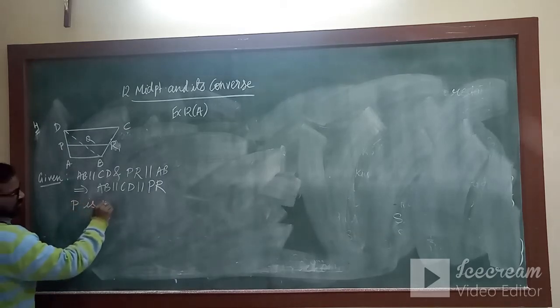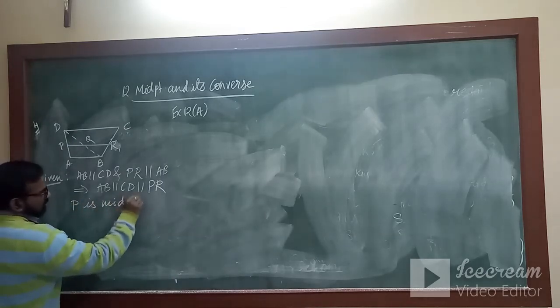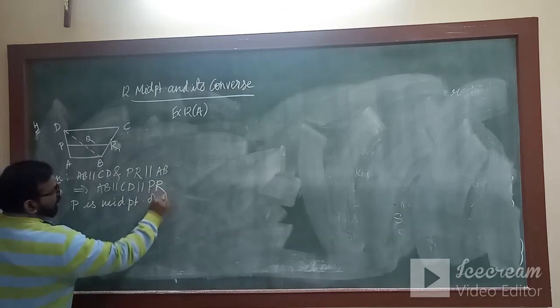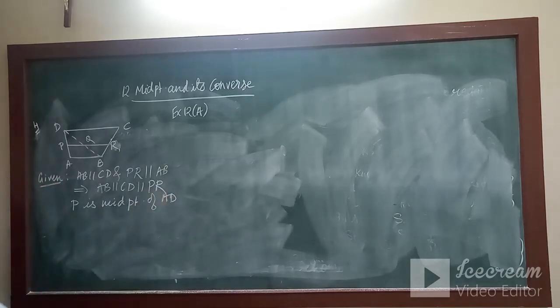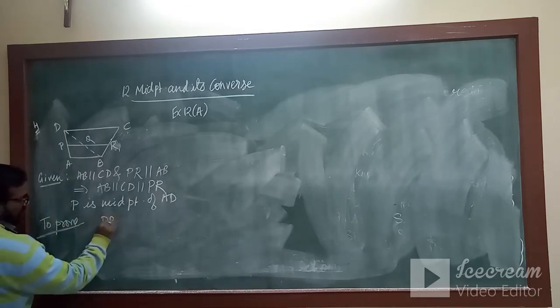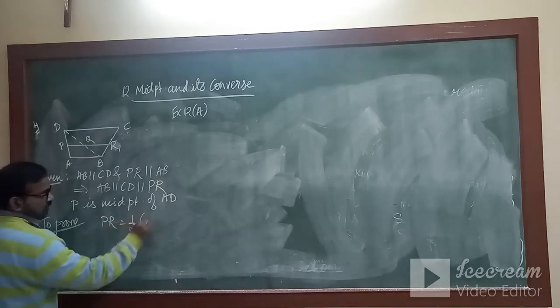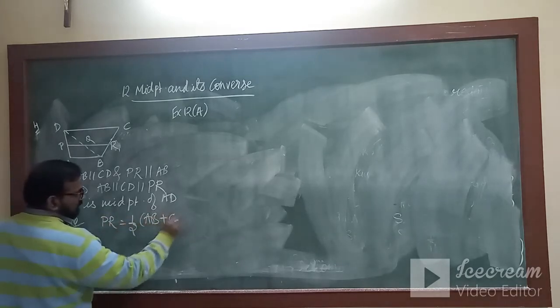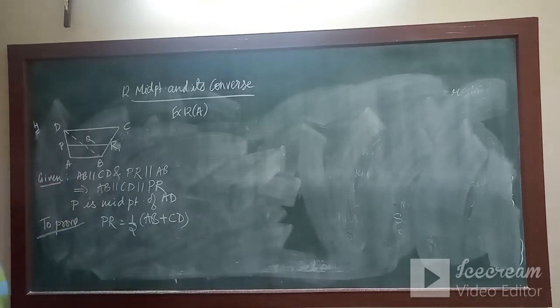P is midpoint of AB. Now, what we have to prove? To prove is PR equal to half of AB plus CD. Okay, this we have to prove. Now how we will prove?